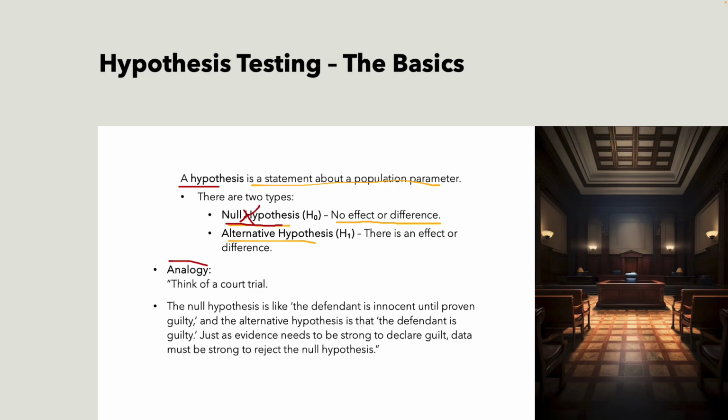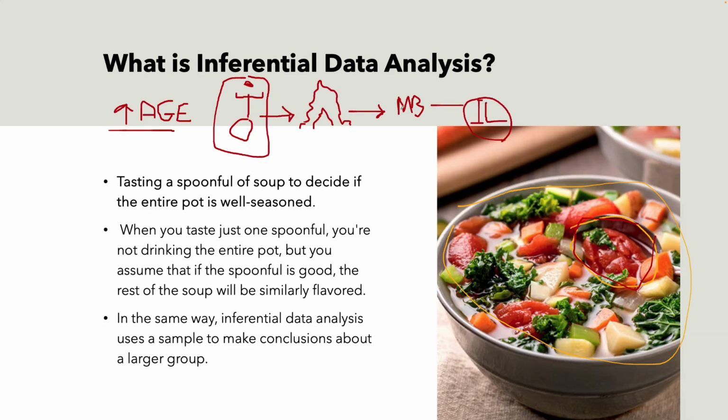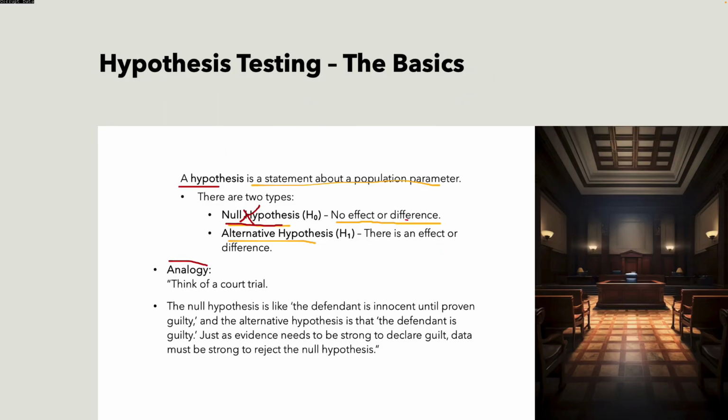But when I do my research, I take this small sample, and I am going to say, nope, this is false, right? This is not true. It is not accurate. I am disproving that, and that's what I'm saying here. The null hypothesis, where the defendant is innocent until proven guilty. I have to prove this.